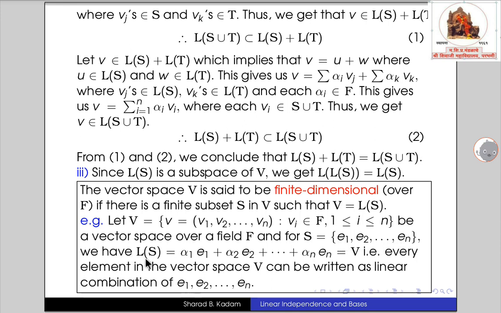Then we have the linear span of S to be alpha 1 E1 plus alpha 2 E2 plus so on plus alpha n En, and this is nothing but the vector space V. That means every element in the vector space V can be written as a linear combination of E1, E2, En.